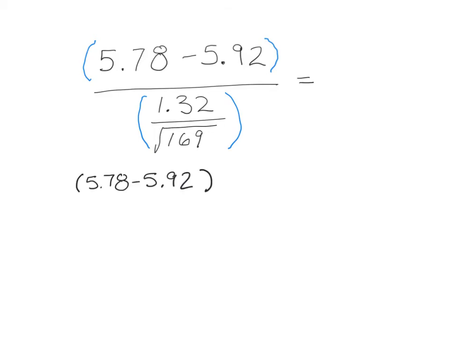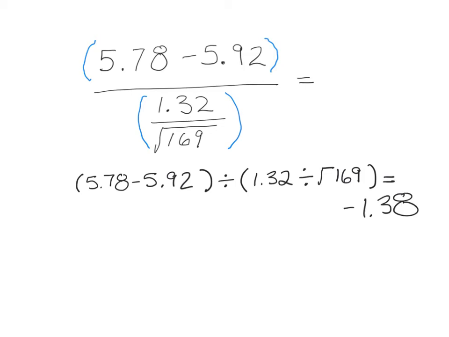So in your calculator, you want to put parenthesis 5.78 minus 5.92 parenthesis divided by our denominator parenthesis 1.32 divided by the square root of 169. Close that parenthesis. And if you put that in your calculator, you should get negative 1.38.